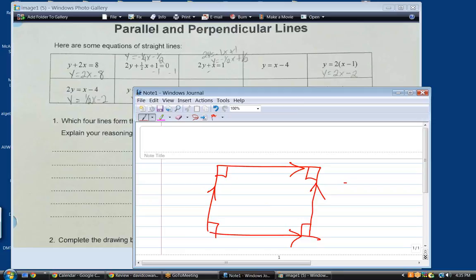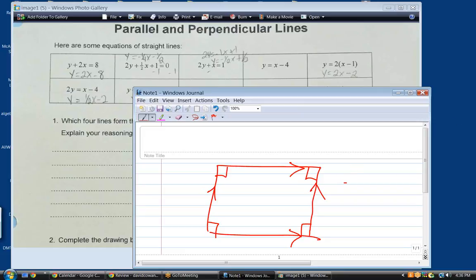Well, we know a lot about perpendicular and parallel, right? What's the slope of two parallel lines? They're equal. They're the same. What's the slope of a perpendicular line relative to a parallel line? 90 degrees. Well, it's the negative reciprocal.